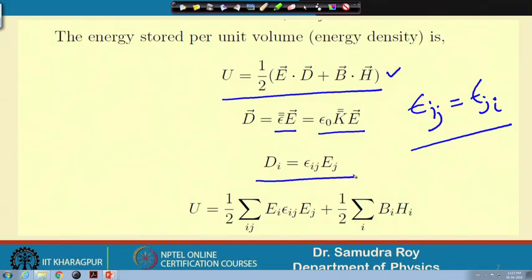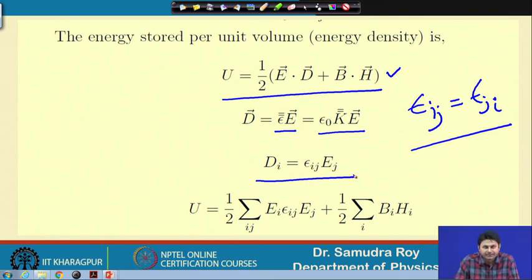So, in component form I can write Di is equal to epsilon ij Ej. Once I have this, I can put it into this equation.